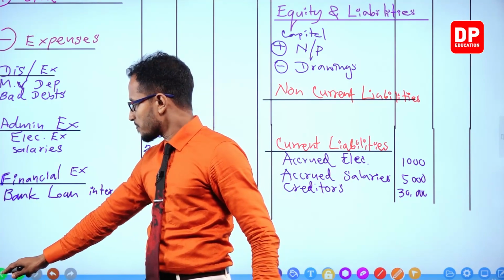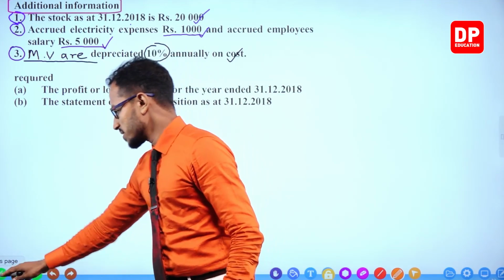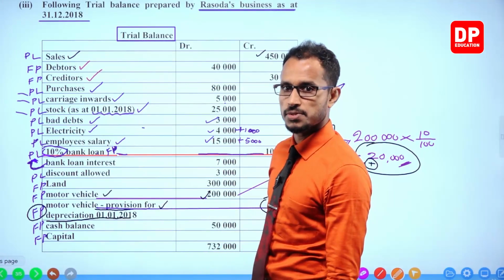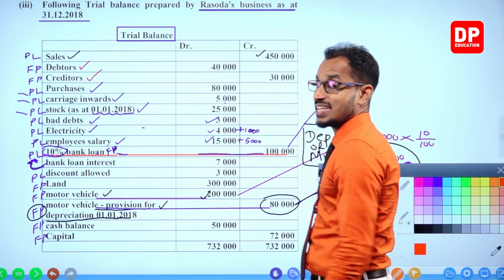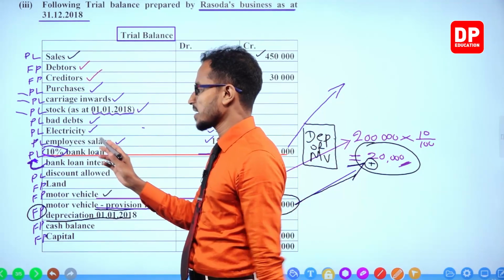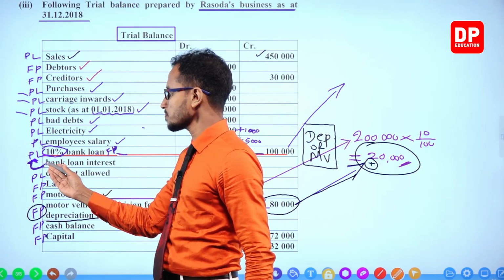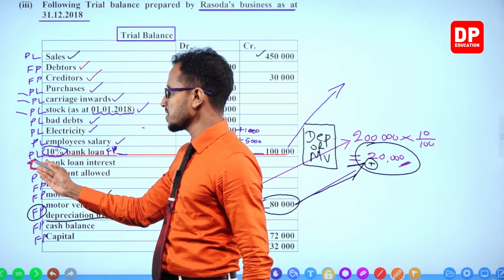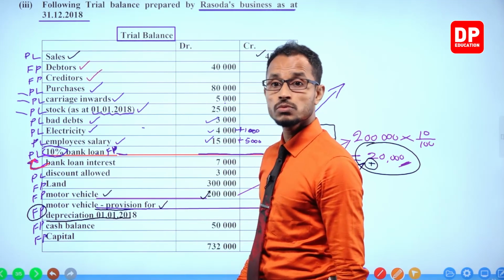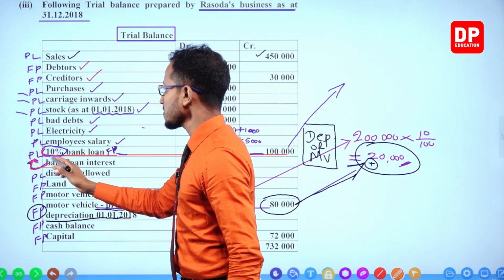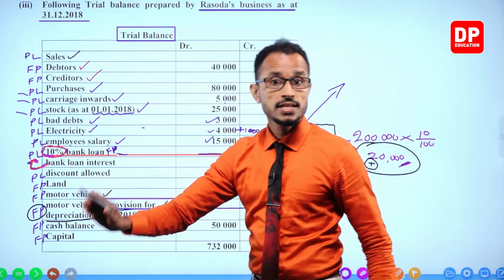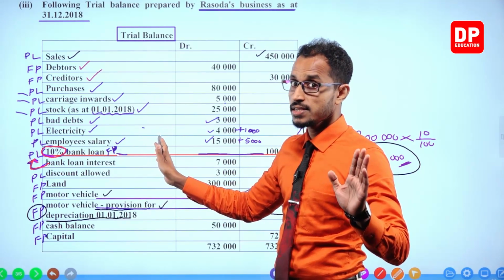And remember, as I told you, there is an adjustment here. I took the adjustment and I didn't do the adjustment, but I have underlined and mentioned this with an arrow. In the bank loan, 10% is the interest rate, and we calculated the interest.